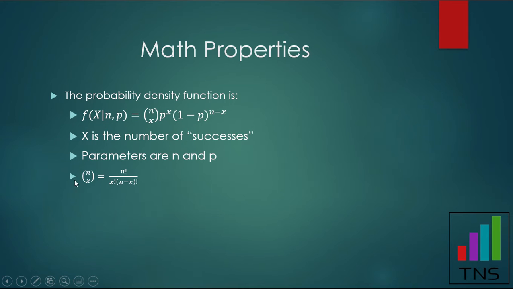Believe me, I have to look this up every time, just because the way the formula is, it's very specific. Another distribution that you may have heard of that's very closely related to the binomial distribution is the Bernoulli distribution. It's actually a related family of the binomial distribution, and we'll have a separate video going over that.